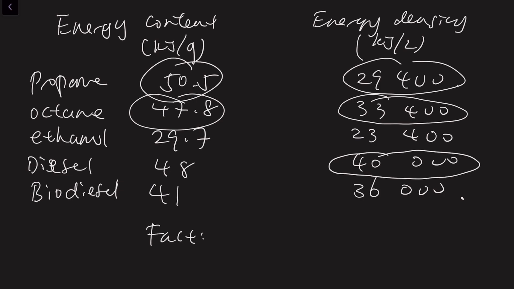Because our fuel tank is measured in terms of liters. So you have an 80-liter fuel tank or 100-liter fuel tank. You don't talk about how many grams of propane or how many grams of octane your fuel tank can hold. So that's why when we talk about fuel economy, we use energy density.